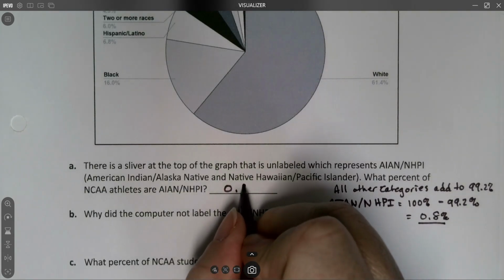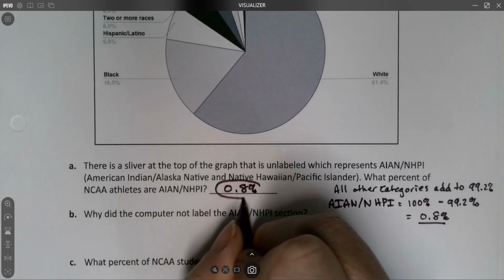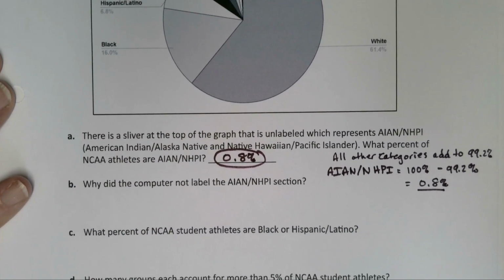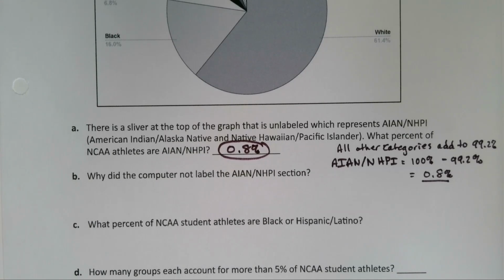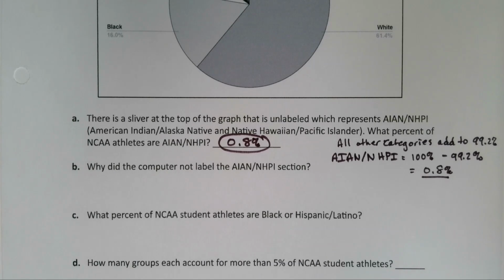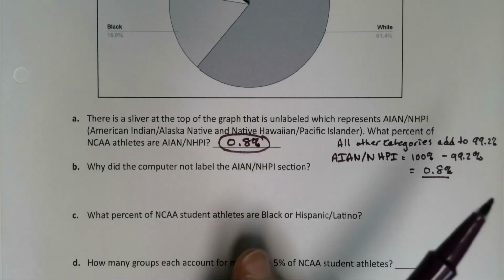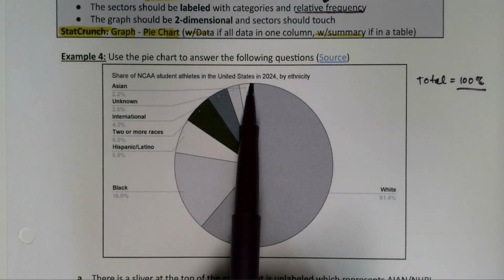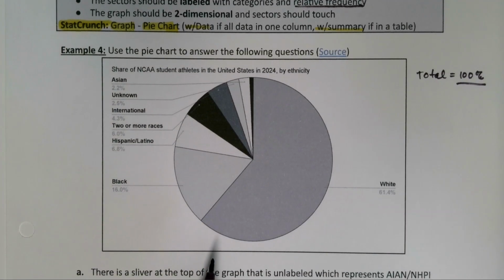So this right here is that. Now, when I graphed this by computer, I actually didn't use StatCrunch, I used a different program. But when I graphed it with that other program, it did not label that section. Why? Well, it's a combination of a couple things. What happened is it's right at the tippy top, and it's not very big.